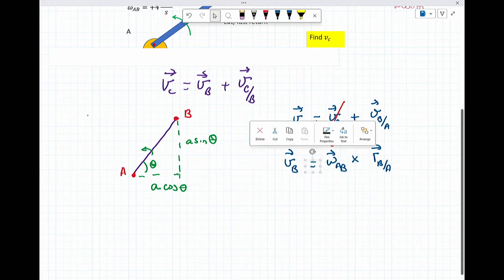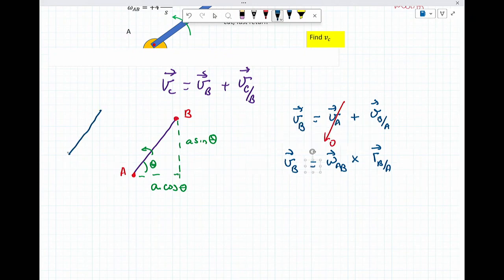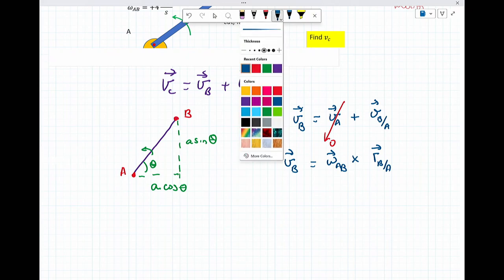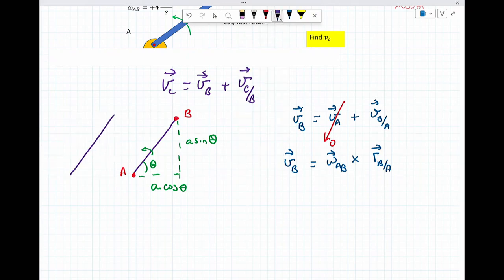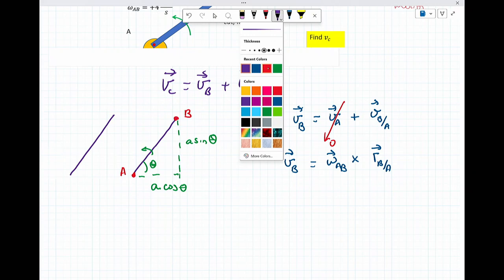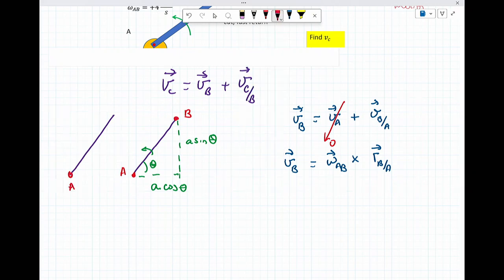And sort of parenthetically, I also know that when I solve through for this, it'll look like this.